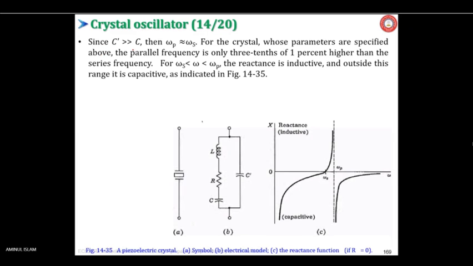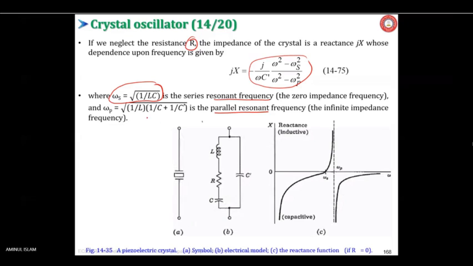Since C prime is much greater than C, we have seen the values in the previous slides, then omega P equals omega S. Is it not? If C prime is much greater than C, then omega P equals omega S. Omega P is the parallel resonance frequency, omega S is the series resonance frequency.